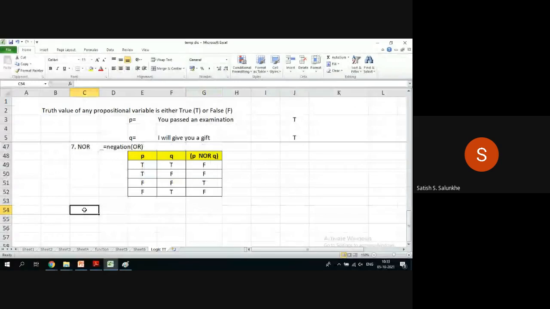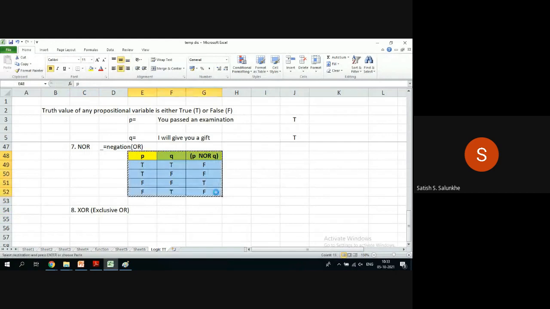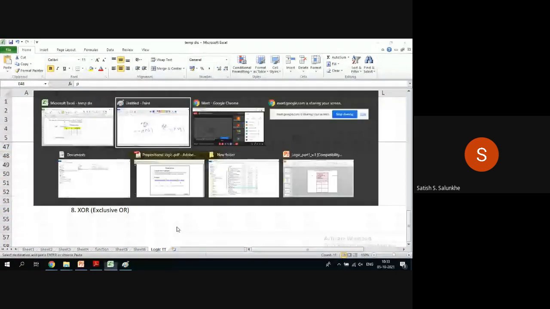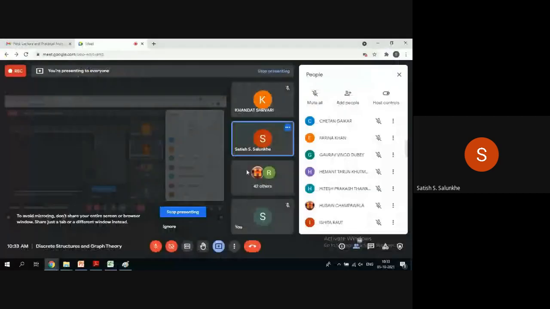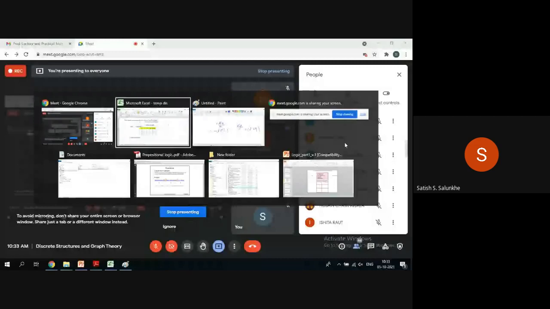Going ahead, there is another derived operator called exclusive OR. Can anybody tell me what is exclusive OR? Yeah, Chetan, can you tell me what is exclusive OR?